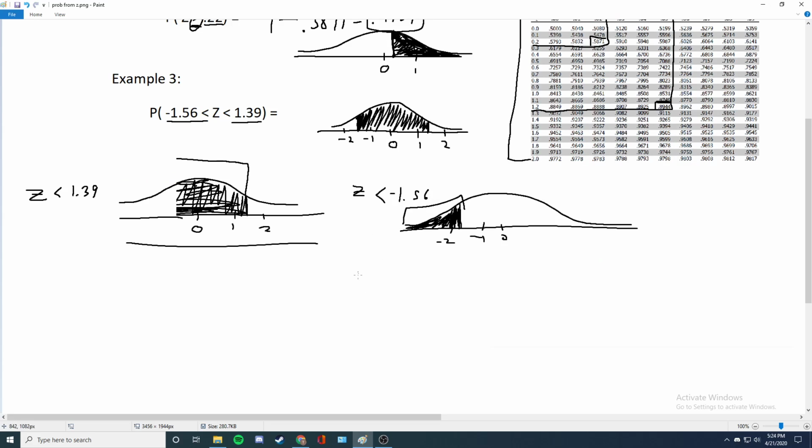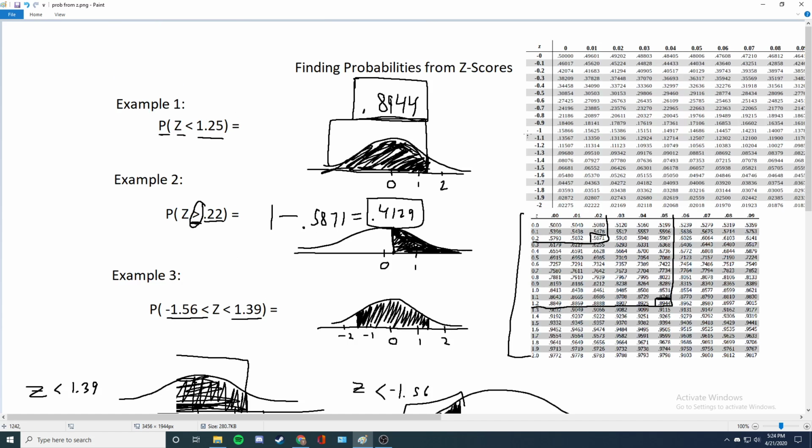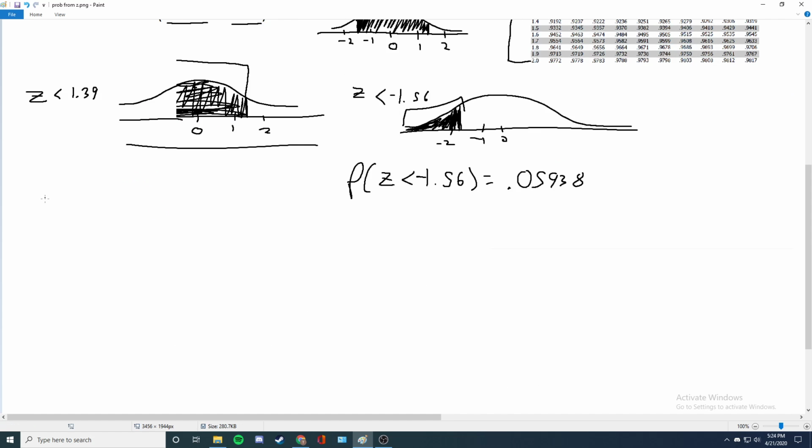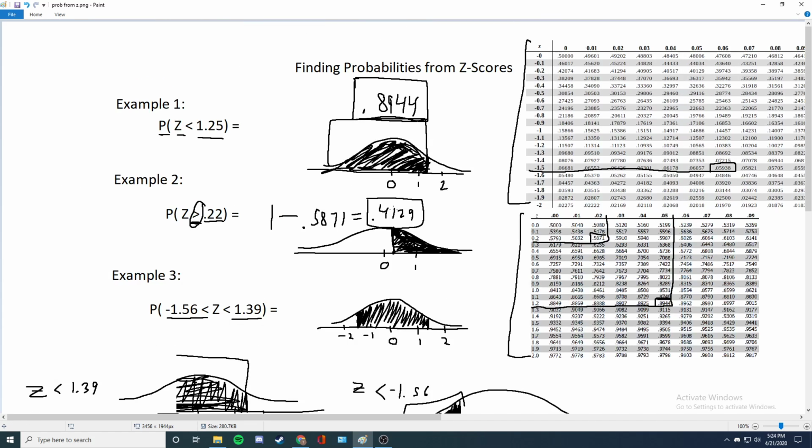So let's do that. Let's find the probability that z is less than negative 1.56. From the table, we're going to use the negative z table here: negative 1.5 all the way over to 6. So we have 0.05938. And we need the probability that z is less than 1.39, which comes from the positive table.